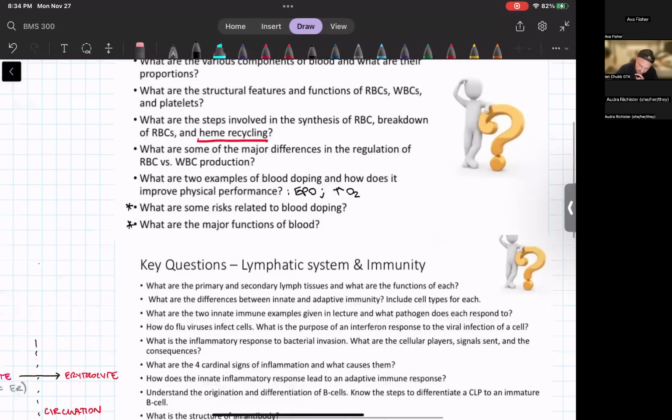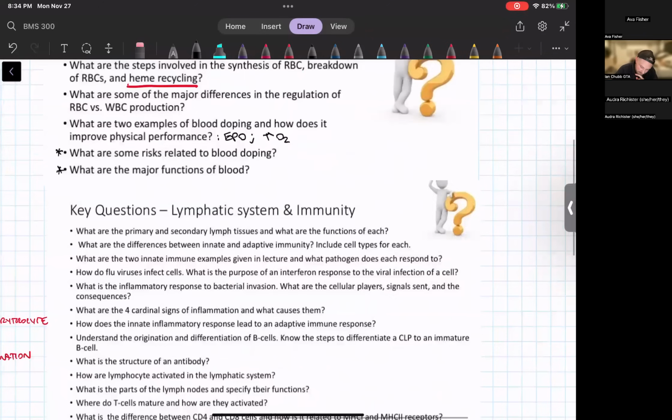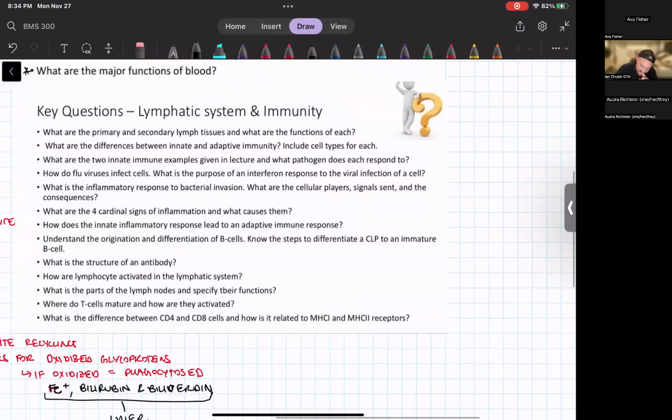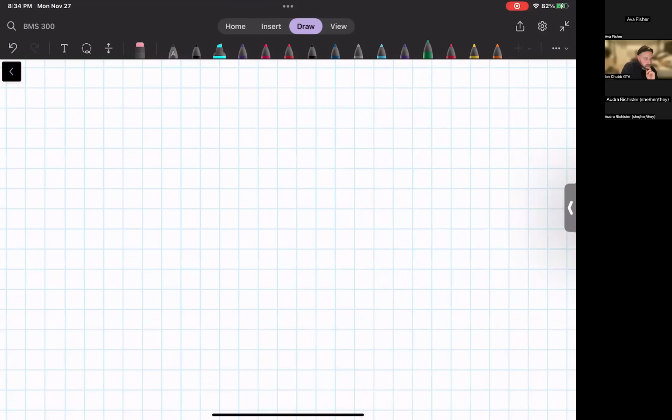All right, let's look at lymph. So what are the primary and secondary lymph tissue? All right. So lymphatic tissue obviously makes up lymph nodes.